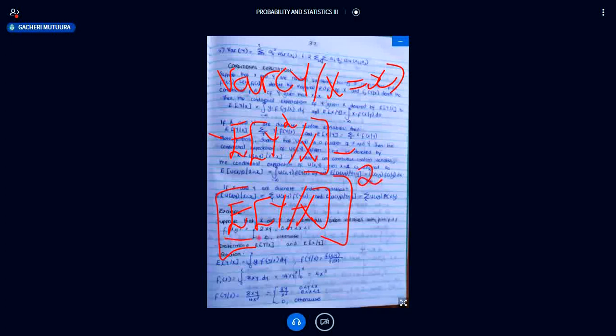Once again, you can obtain the expected value of y given x by first obtaining the conditional distribution of y given x, and then multiplying that by y and integrating over the interval of y. For the expected value of y squared given x, you will first get the conditional distribution of y given x, and then get the integral of y squared times f of y given x dy. That will give you this term.